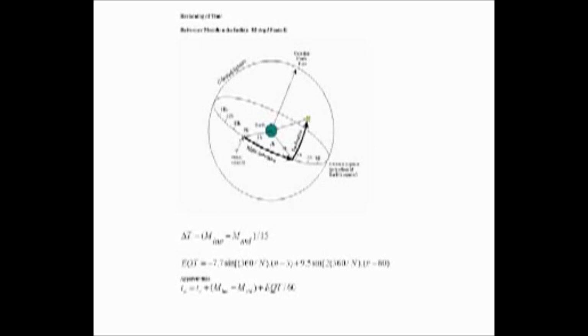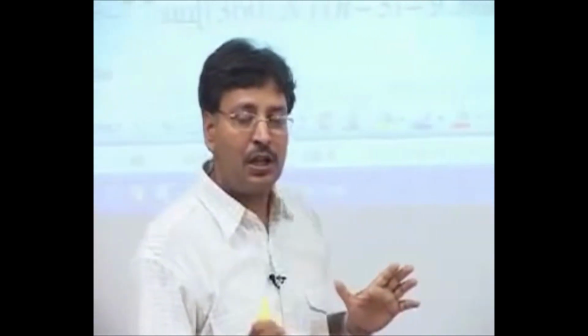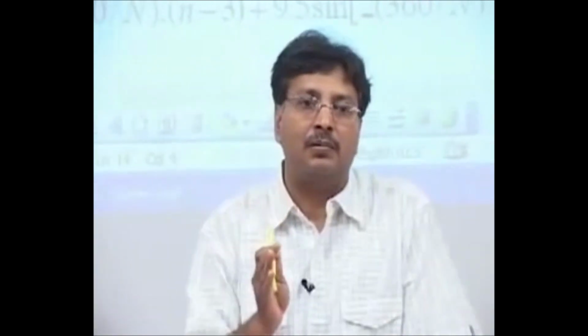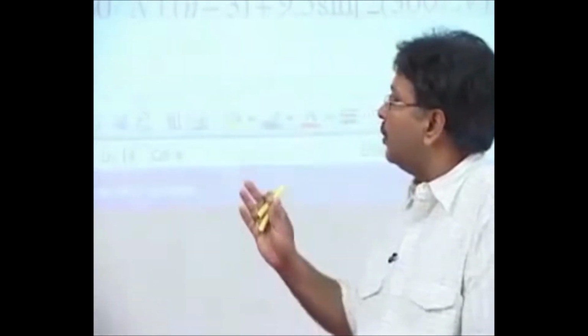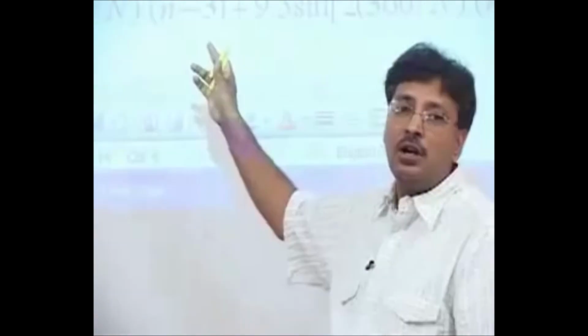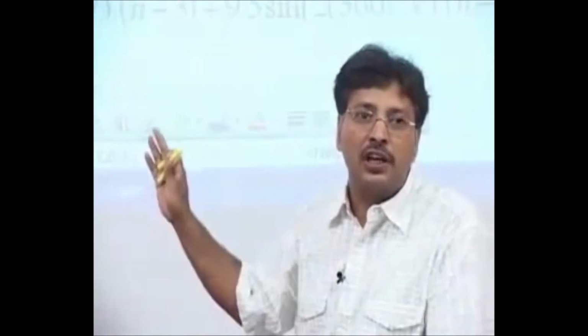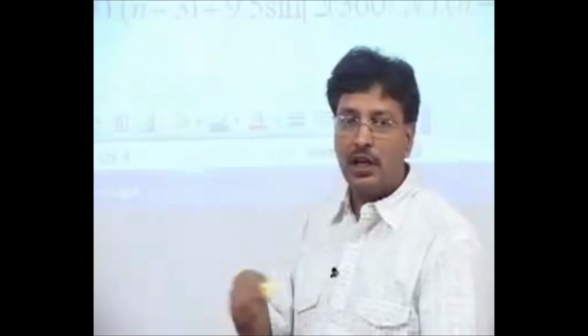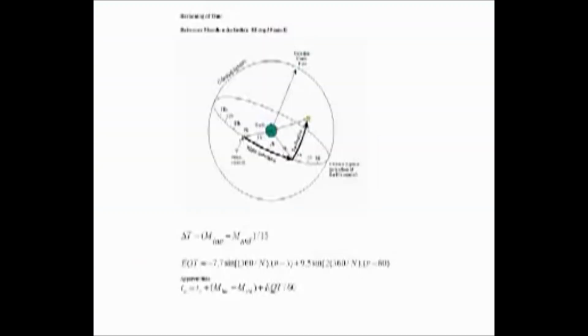And what is this really? This is the difference because of the position of the sun, from the mean position to the apparent position. So when you want to find the actual time of the day, we should correct based on the EQT. All variables you understand here, N and small n, that is all I need to know.